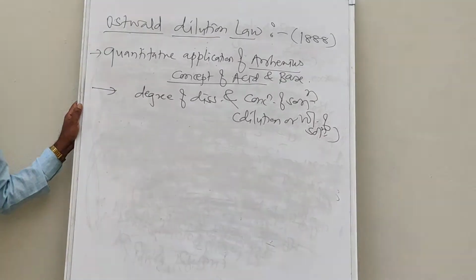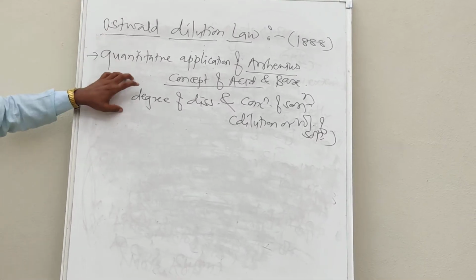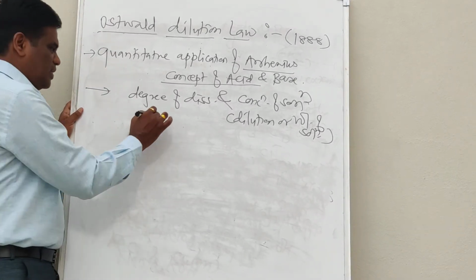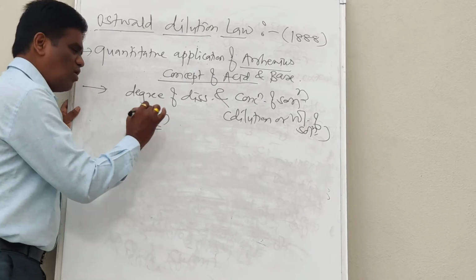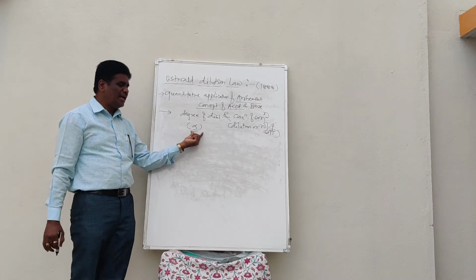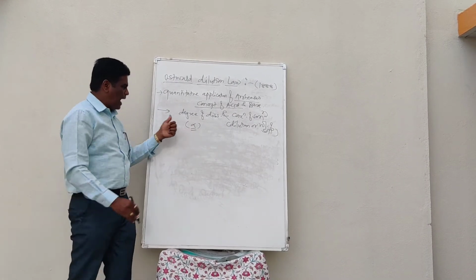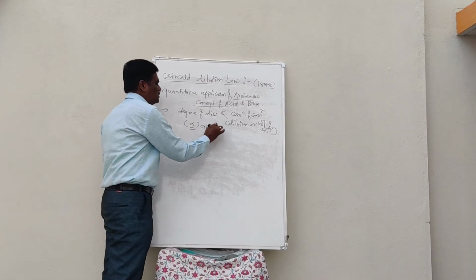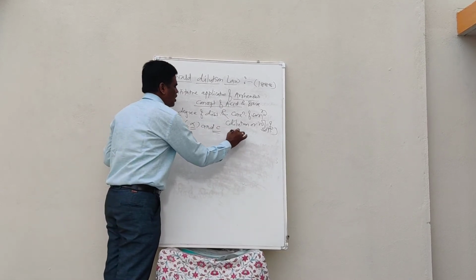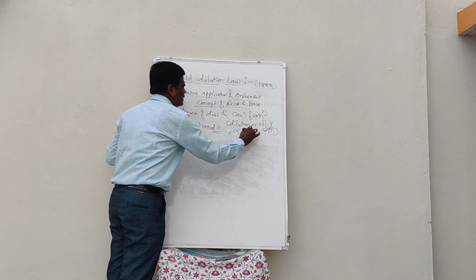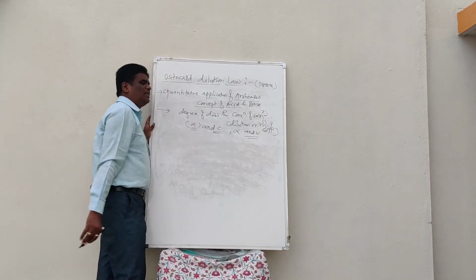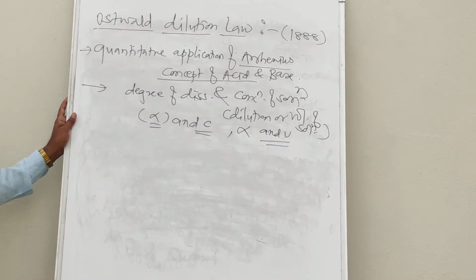Ostwald dilution law is related with degree of dissociation. You know in the last period the meaning of degree of dissociation. Mathematically it is represented as alpha, and the concentration is C, or alpha and the dilution or volume V of the solution.